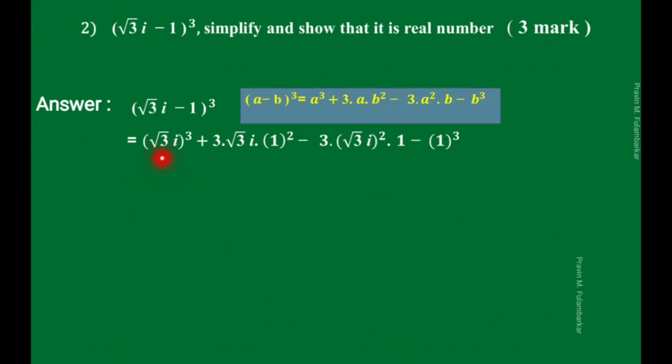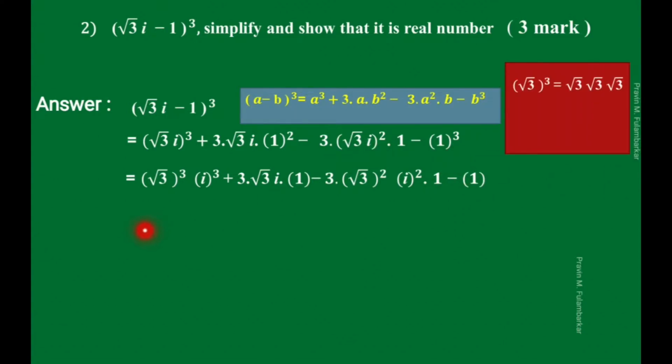Now we have to calculate root 3 i its cube, that means the cube of root 3 and the cube of i. So we separate the cube. Here we replace 1 square as 1, and we take the square of each term, that is root 3 square, then i square, and 1 cube is 1.